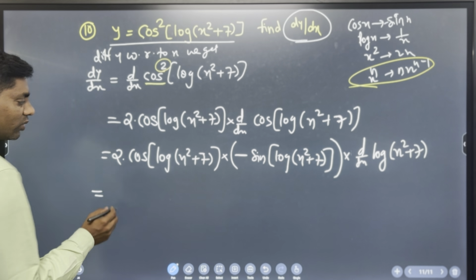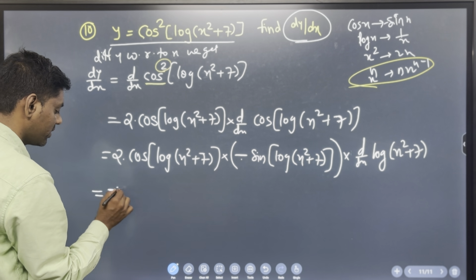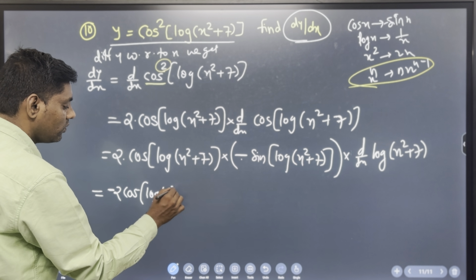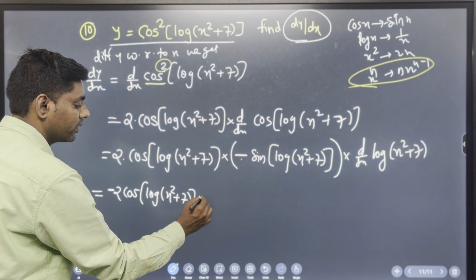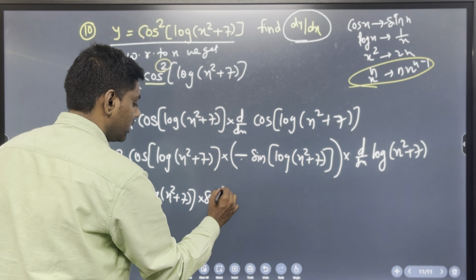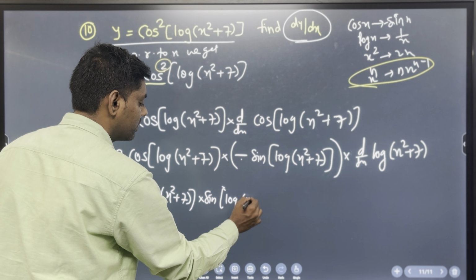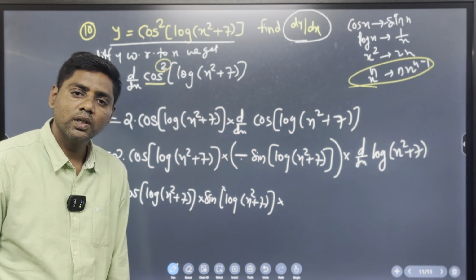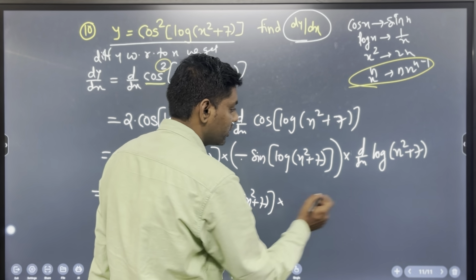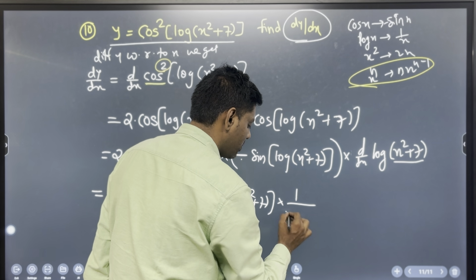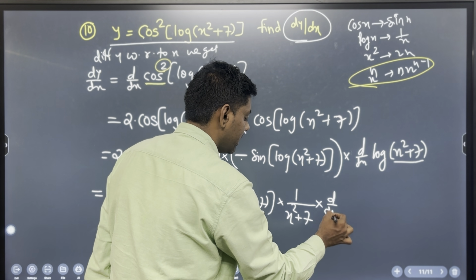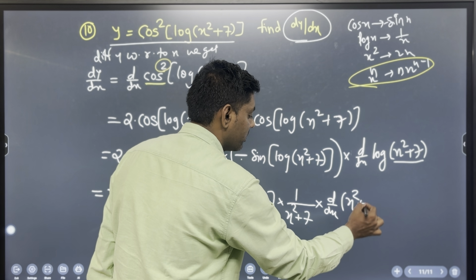So according to that formula, minus sign is there, so minus 2 times cos of log of x square plus 7 into sin of log of x square plus 7, and last, the derivative of log is 1 upon x square plus 7 into d by dx of x square plus 7.